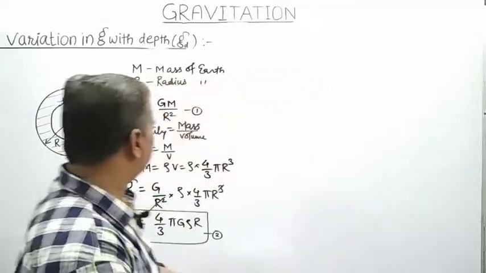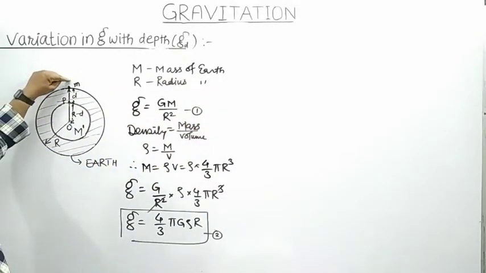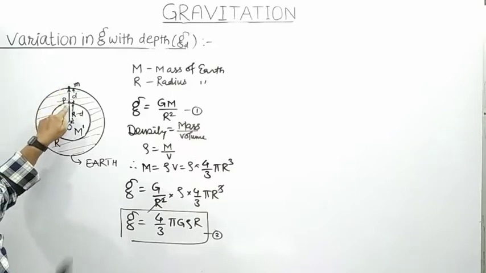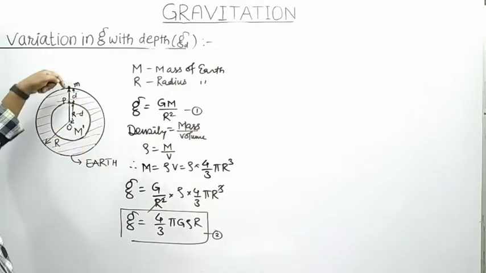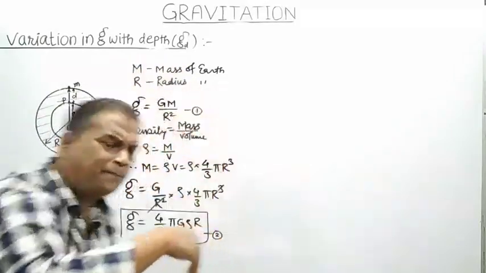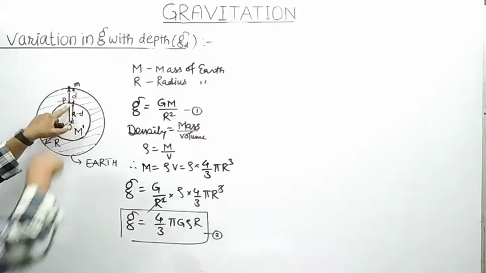Let us consider the situation that an object of mass m is now brought at point P, which is at a depth d below the surface of earth. From the surface of earth at a depth d, there is a point P where that object of mass small m is kept.